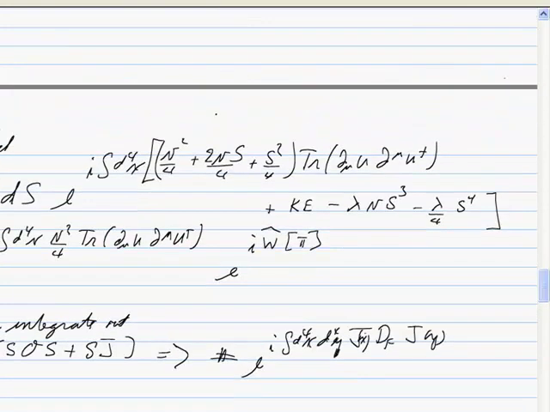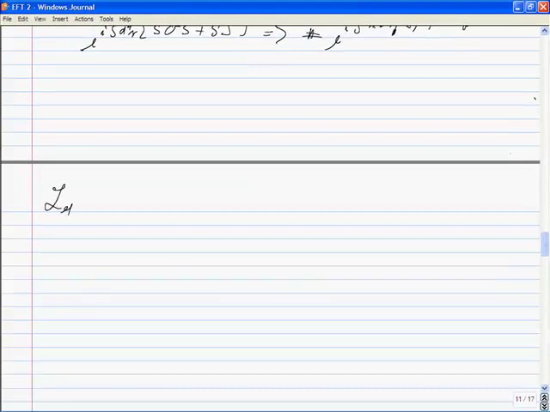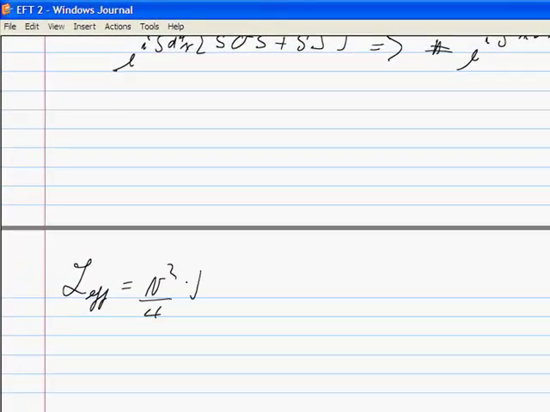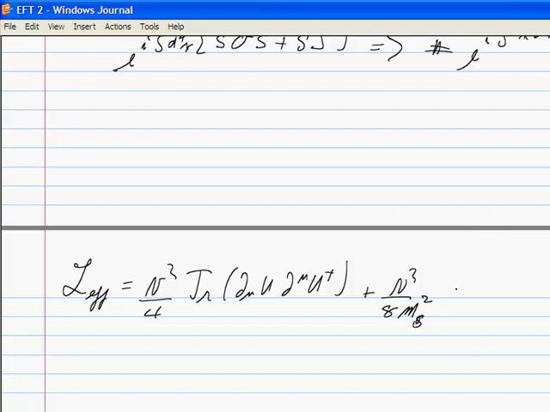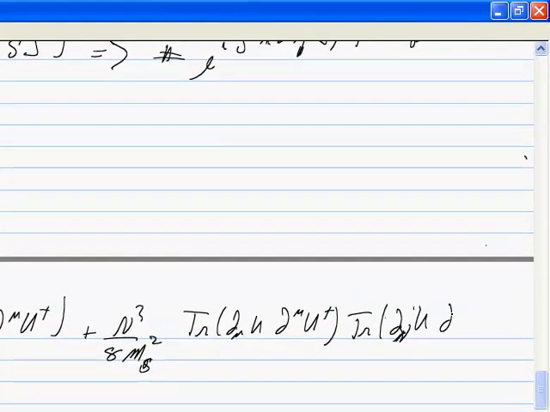And so if I just keep, at the moment, these first two terms, we then write L effective is v squared over 4 trace d mu U dagger, plus v squared over 8 m sigma squared, m s squared, whatever it is, trace d mu U dagger d mu U, trace d nu U dagger.